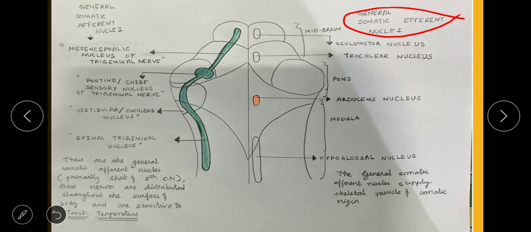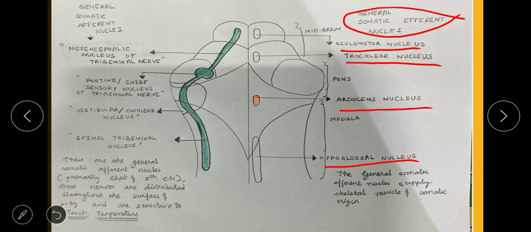So, the various general somatic efferent nuclei present in the brainstem are the oculomotor nucleus, the trochlear nucleus, the abducens nucleus and the hypoglossal nucleus. Here, the abducens nerve arises from the abducens nucleus and it supplies motor component to the ipsilateral lateral rectus muscle, which means the lateral rectus muscle of the same side.